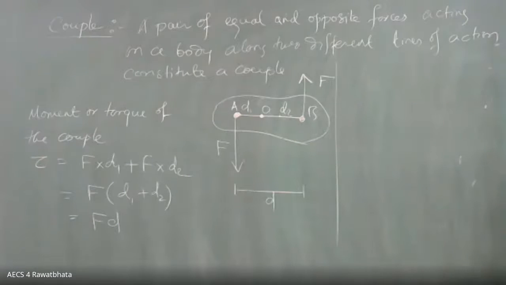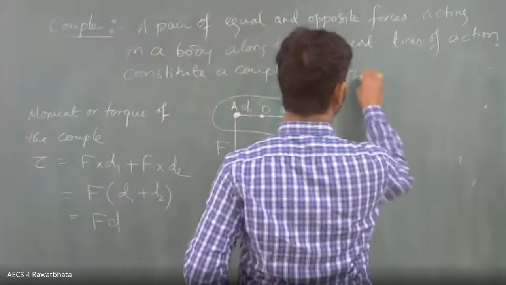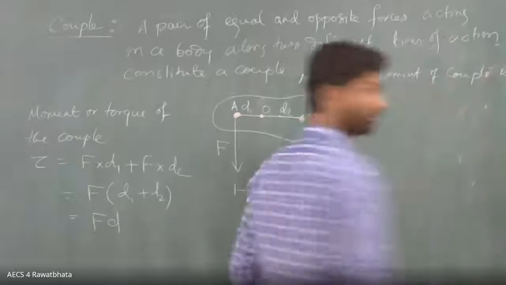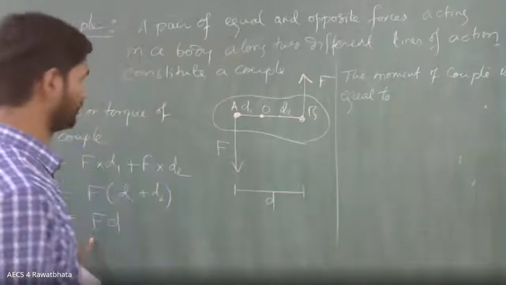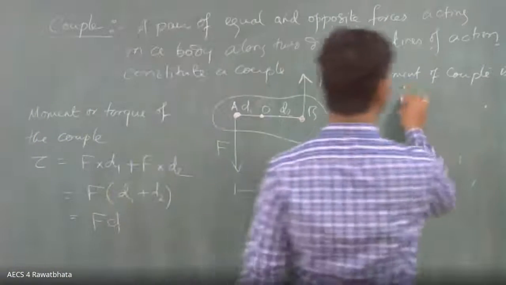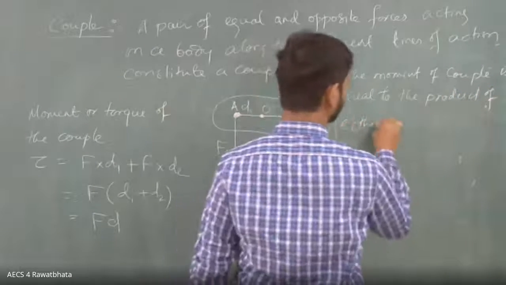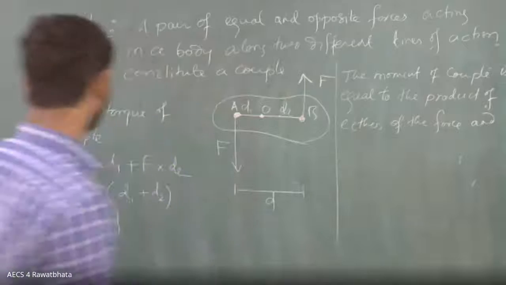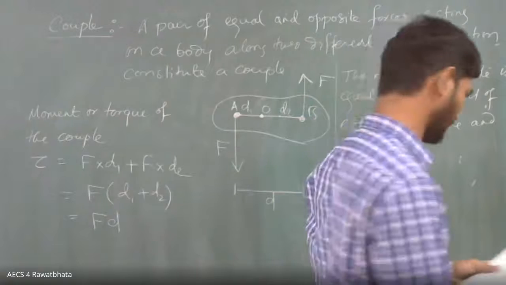The moment of couple is equal to the product of either of the forces, F, since both are acting, and the distance between their lines of action.